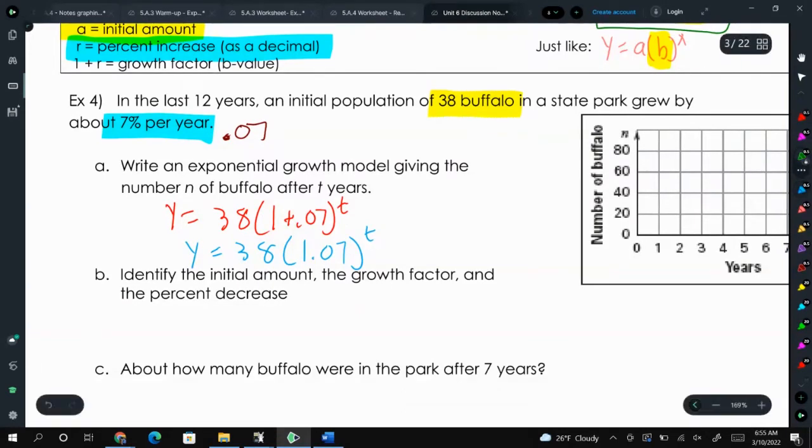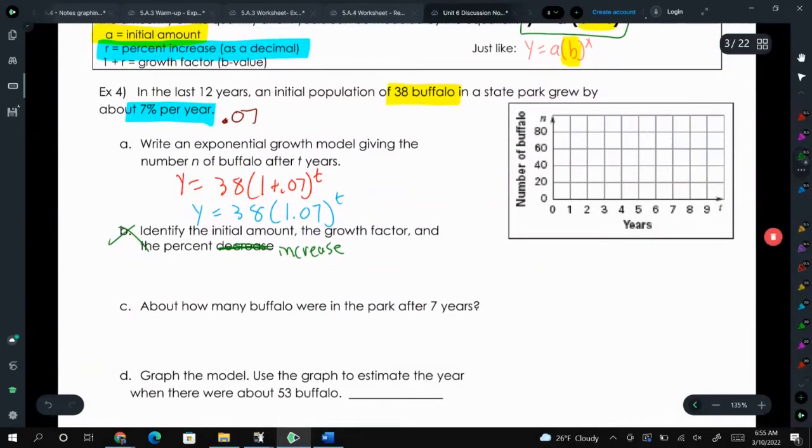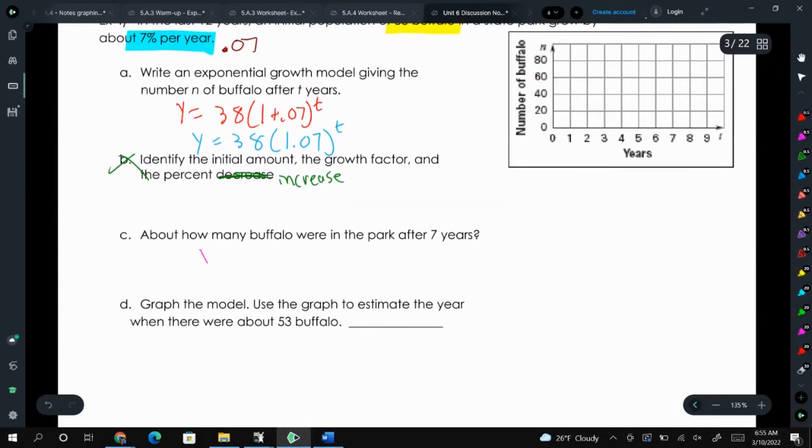We already did letter B, identify initial amount. We did the growth factor, and it should say percent increase. This is about how many buffalo are left in the park after 7 years. Well, we're going to plug in 7 for t. Oops, I forgot the 38.